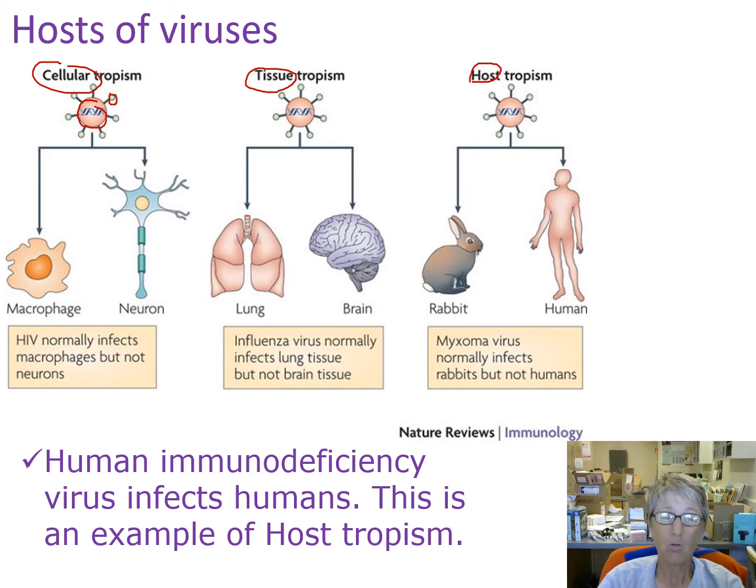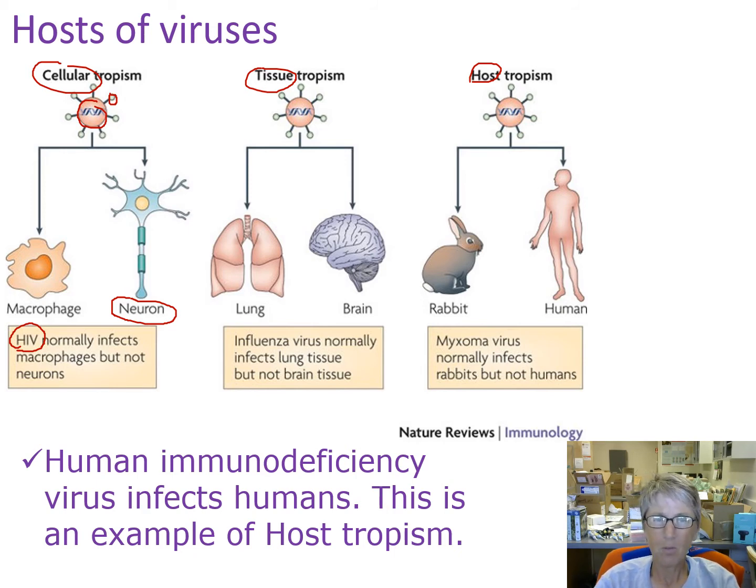In cellular tropism, the spikes on the virus recognize receptors on macrophages, but those spikes do not recognize any receptors on neurons. So, for example, human immunodeficiency virus normally infects macrophages because the spikes recognize receptors on the macrophage, but HIV normally does not infect a neuron.